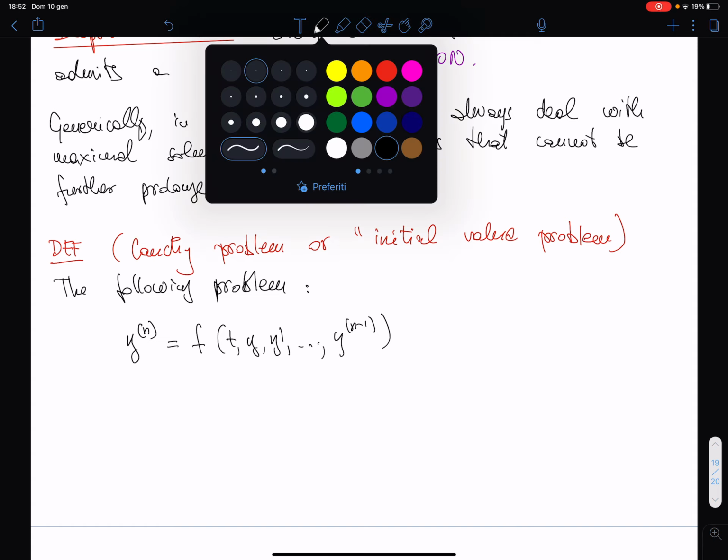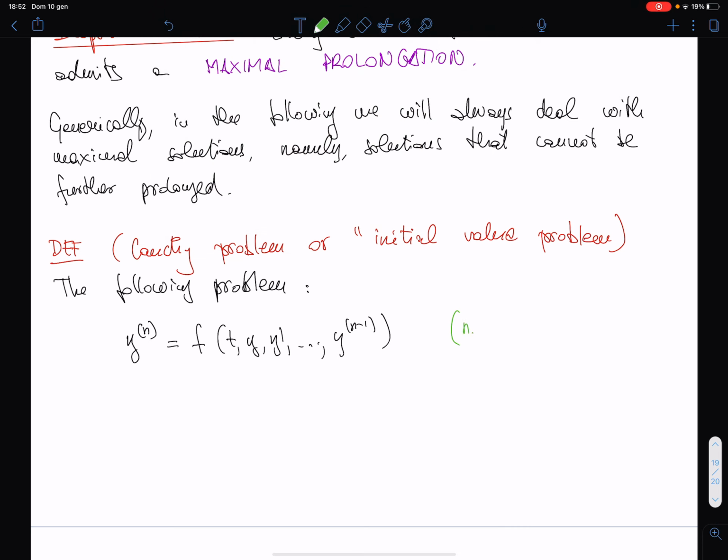Okay, let me write it clearly. This is an nth order differential equation in normal form.